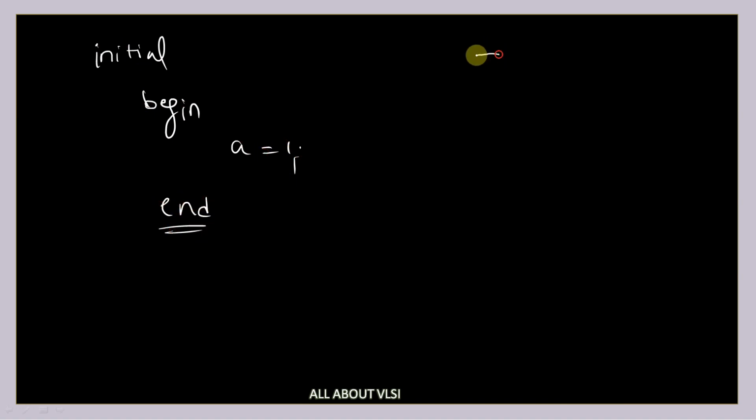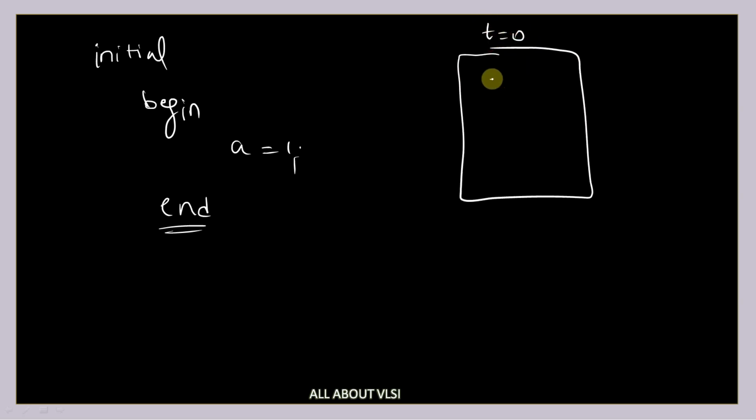Okay. Now, if I simply write within an initial beginning block, initial begin, A is equal to 1 end, then an event will be created for this time slot t is equal to 0, and in this time slot there is a region known as the active region that we have already seen.